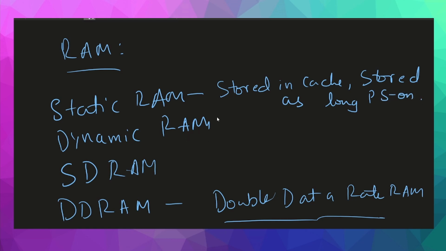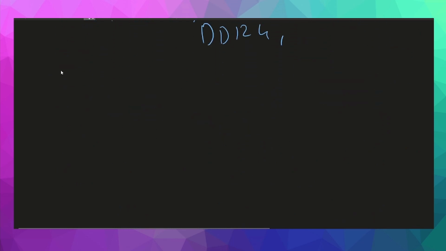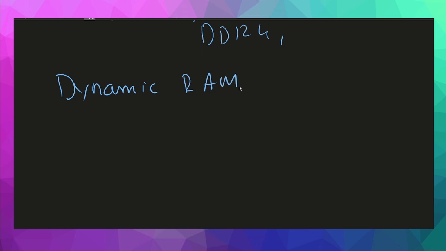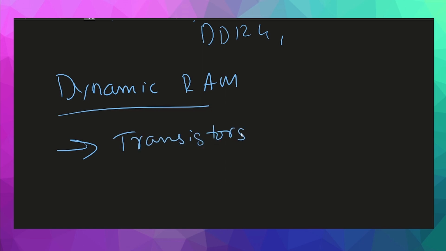Okay, I'll just write dynamic RAM here because there's no place. Dynamic RAM is the most common type of memory chip. It was used before DDR RAM. In dynamic RAM there are transistors and capacitors, and that's where the information gets stored.